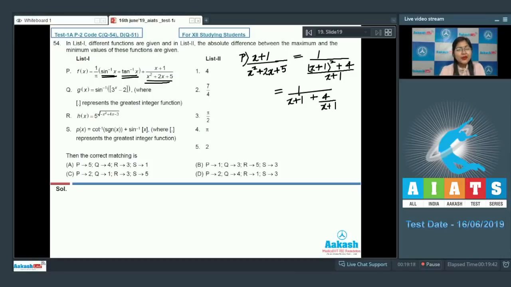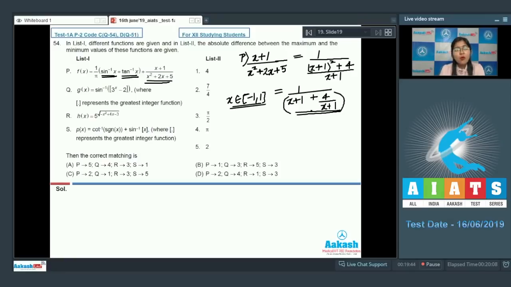Right? Now here the domain can also be checked, that x will belong from minus 1 to 1. Now if we talk about the denominator part, let's take it equal to g(x) and we will find g dash x, to find whether it is increasing or decreasing.